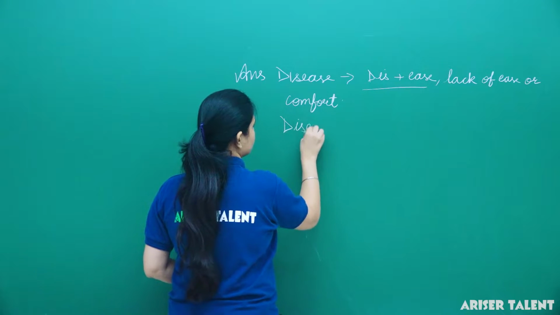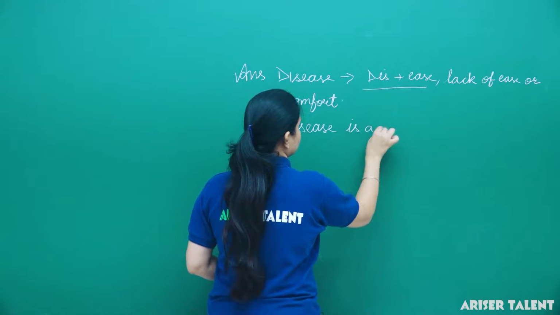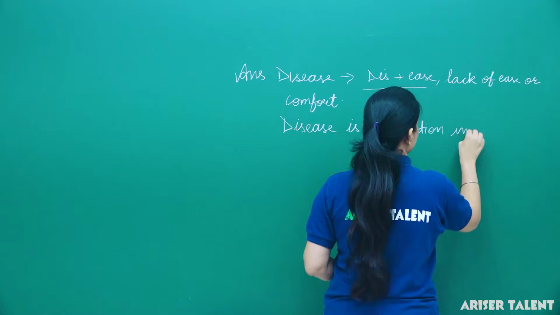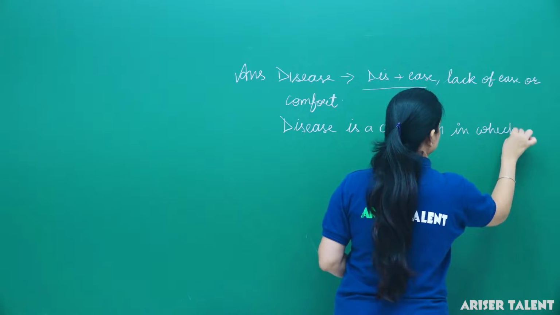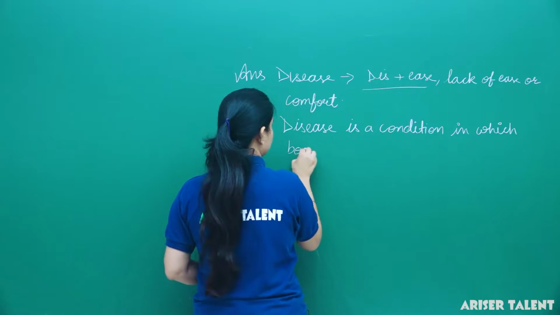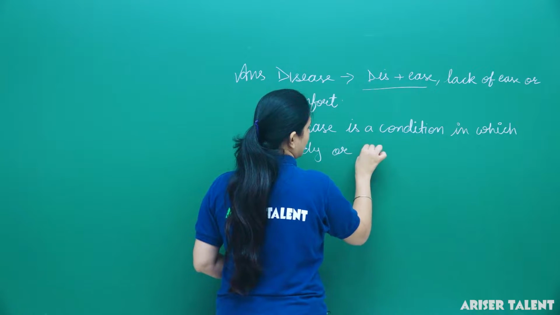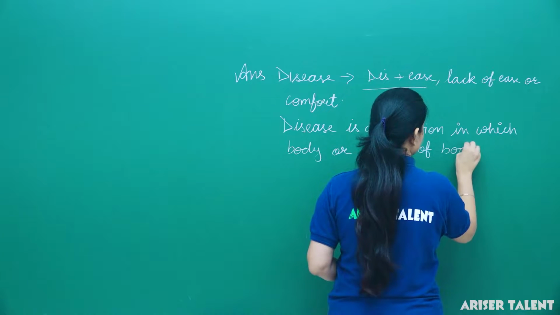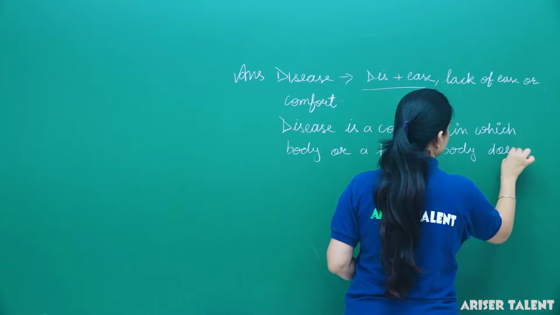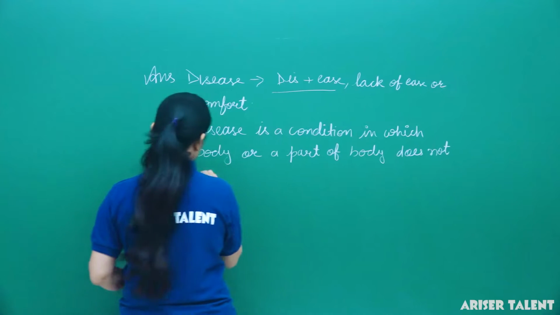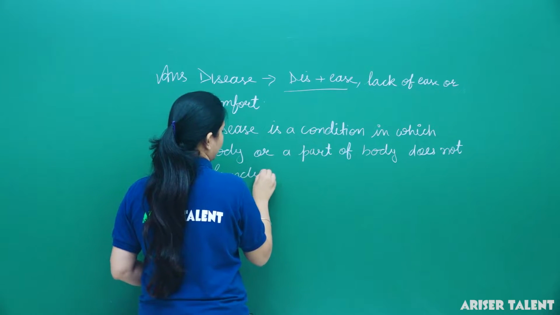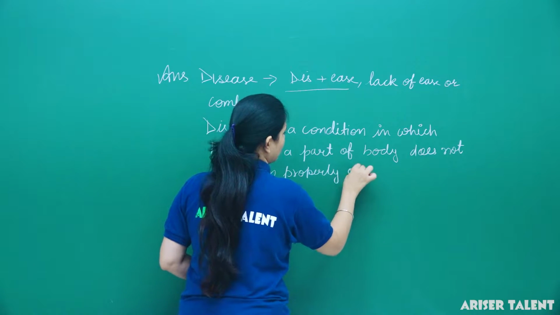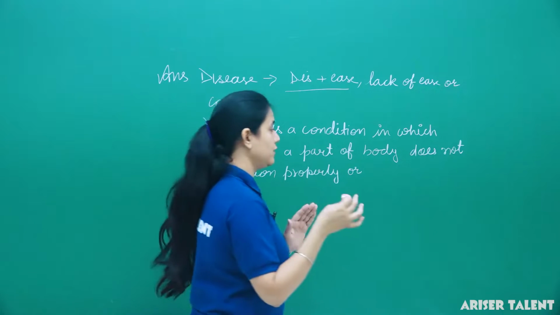Disease is a condition in which the body or a part of the body does not function properly, or its functioning is deranged or disturbed.